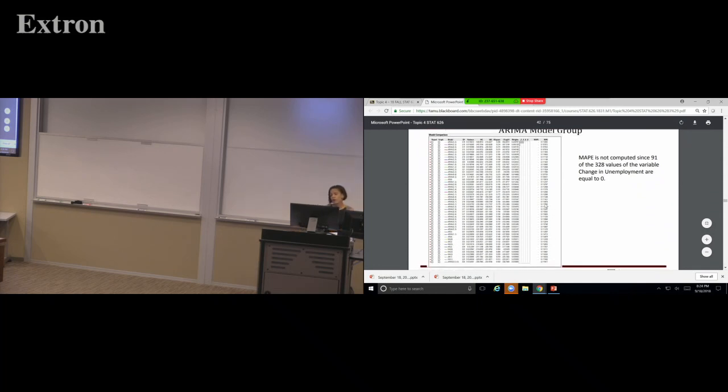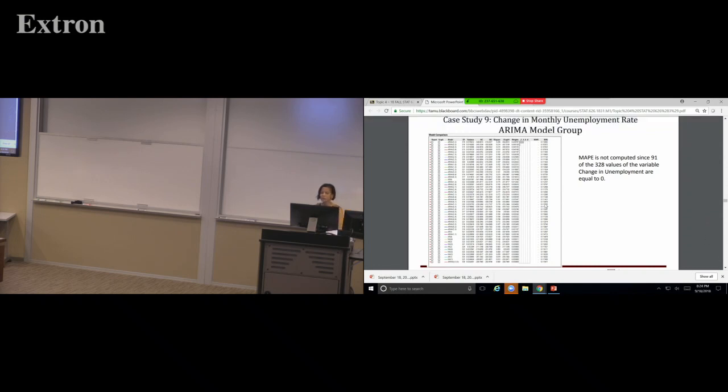And remember, what the ARIMA model group does is it orders them, ranking them with their AIC information, their Akaike information criteria, smallest to largest. So the ARIMA model group seems to tell us that based on AIC, the ARMA 5,2 is the best model to use. Okay.